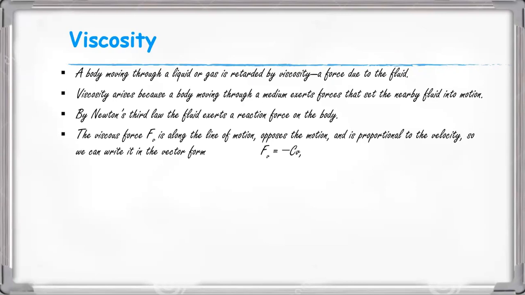So we can write the viscous force is equal to minus C into V. The negative sign indicates that it opposes the motion, and it is also proportional to the velocity.